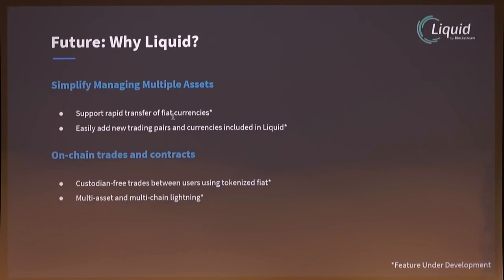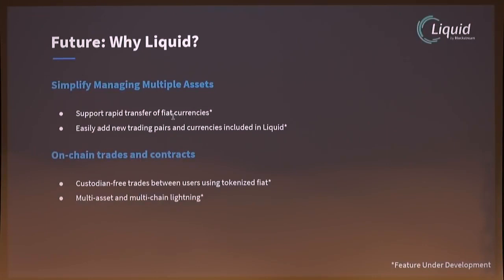And if, for example, one exchange issues a token representing fiat deposits in their exchange, other exchanges could add that asset into their own easily, or perhaps they issue an asset representing deposits in another cryptocurrency, and other exchanges could add that very easily because they already have integrated with Liquid. So that could be another advantage.